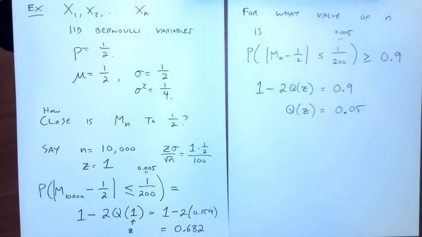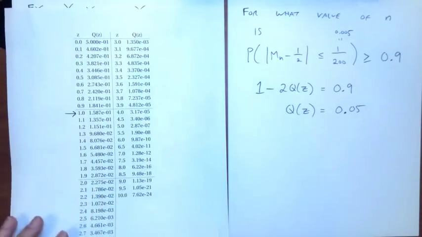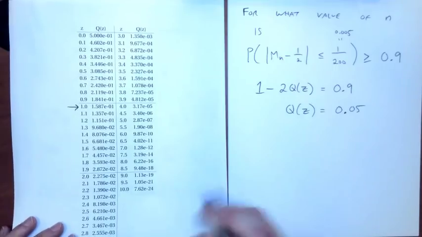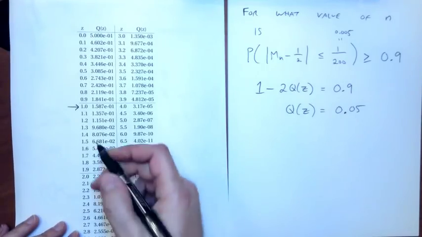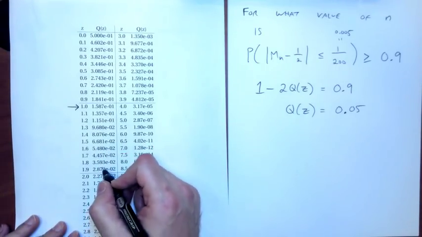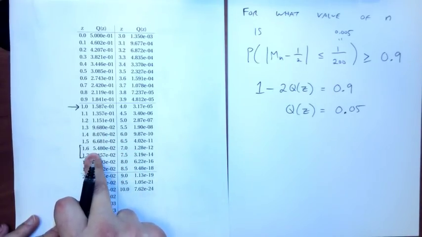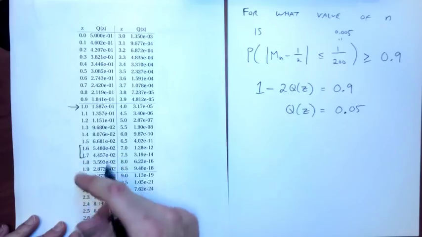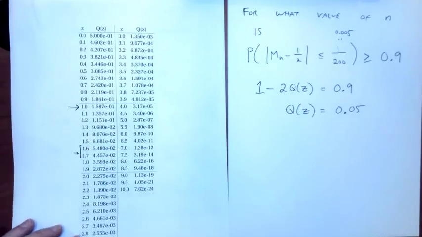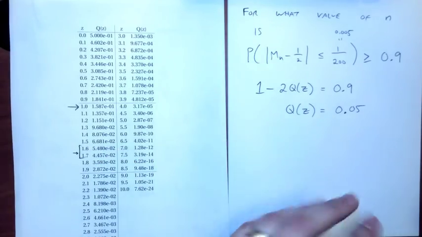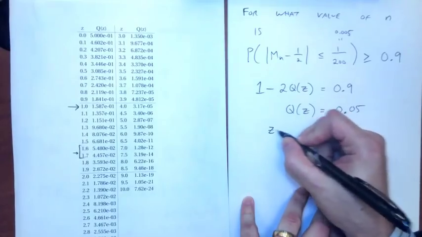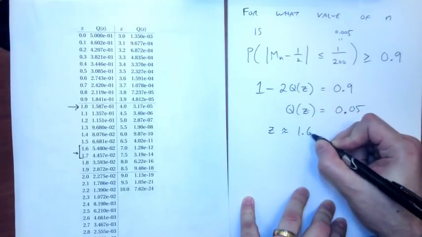So then I would look in my little table and say, for what z value is Q of z about 0.05? Between 0.054 and 0.044, it's somewhere between 1.6 and 1.7, so let's split the difference and say that z is approximately 1.65, okay?